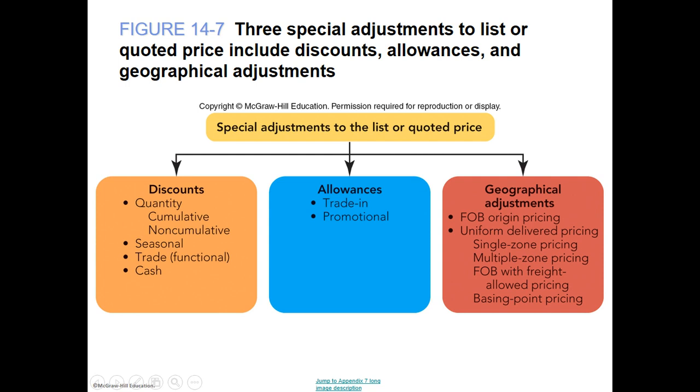And then geographical adjustment: FOB origin pricing. FOB stands for free on board. Uniform delivery pricing, single zone pricing, multiple zone pricing, FOB with freight allowed pricing, or basing point pricing.